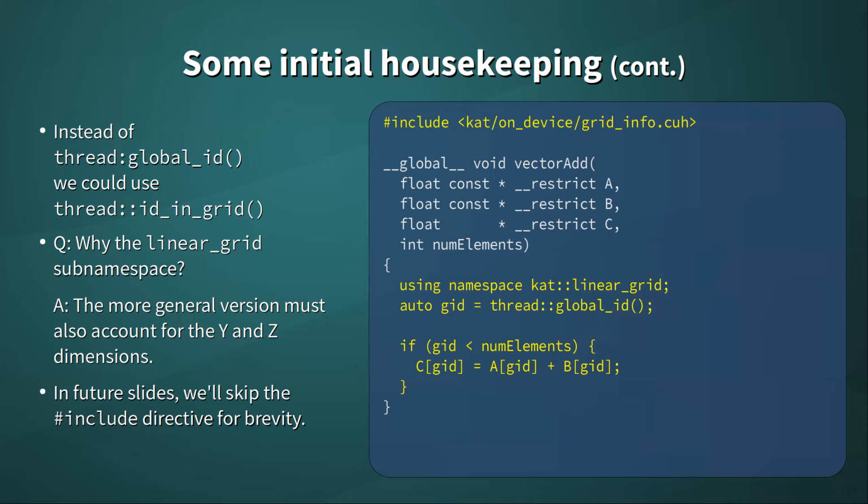So in this example of the transformation, I added the include directive, but over the next slides, I will actually skip it because we need to fit everything on a single slide. So we just keep in mind that we also have to actually include things for the cat facilities to work.